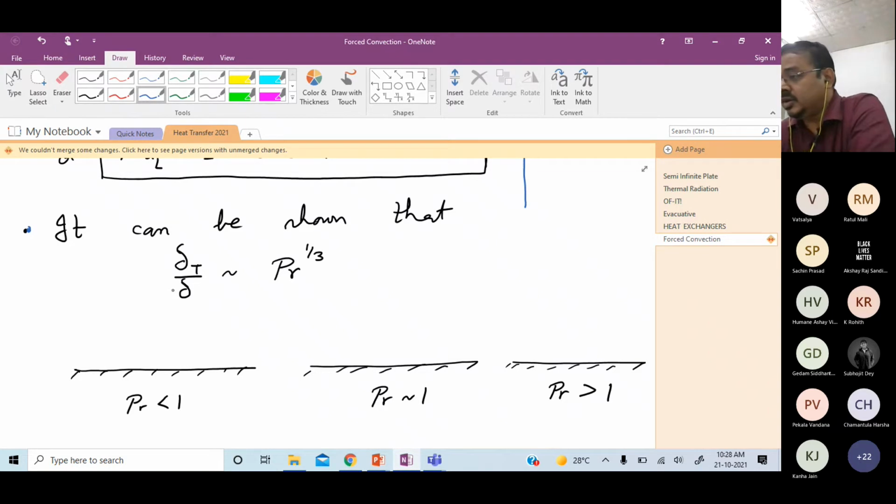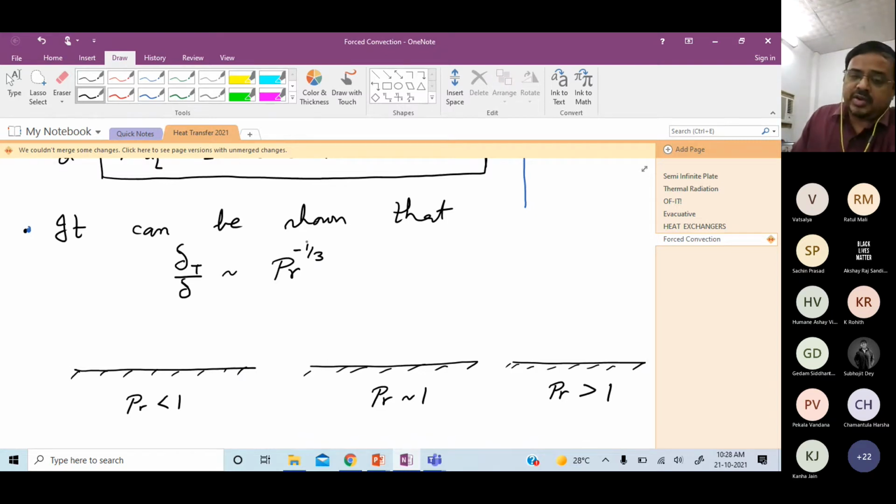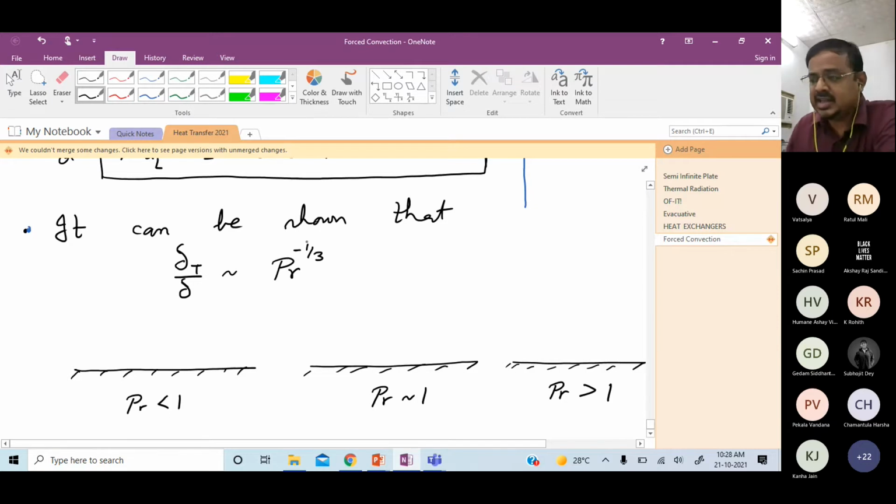No, I think I wrote it wrongly. Sorry. This is minus 1/3. Okay. All right. So therefore, if the Prandtl number is less than 1, it means that the delta T, the thermal boundary layer, is thicker than the momentum boundary layer. Okay. So it will go like this.